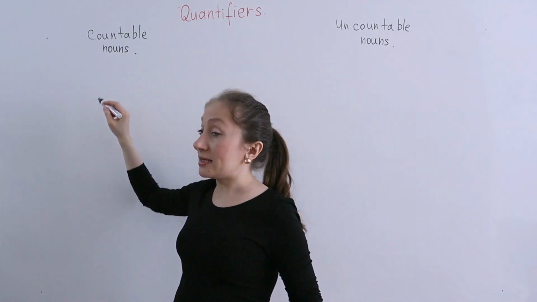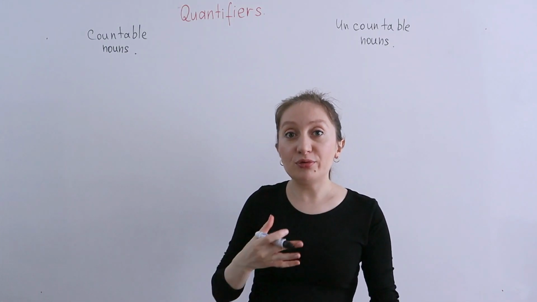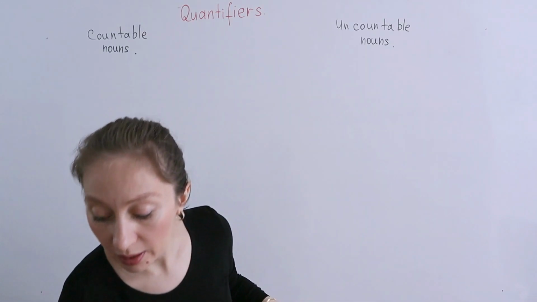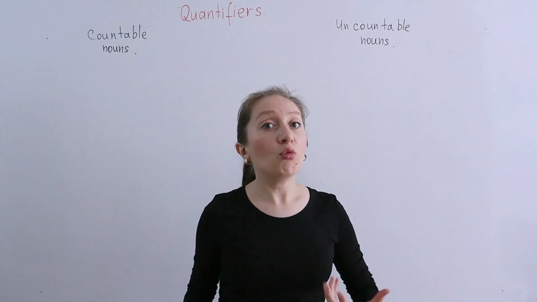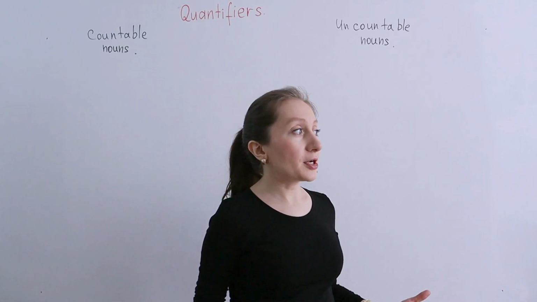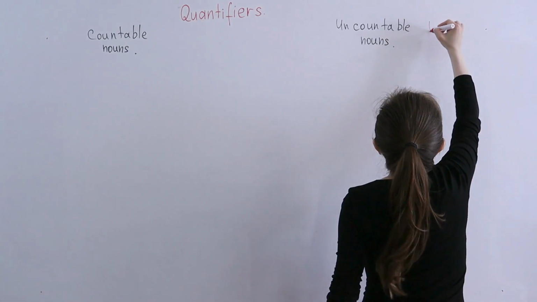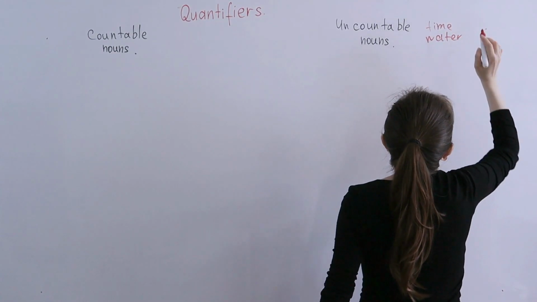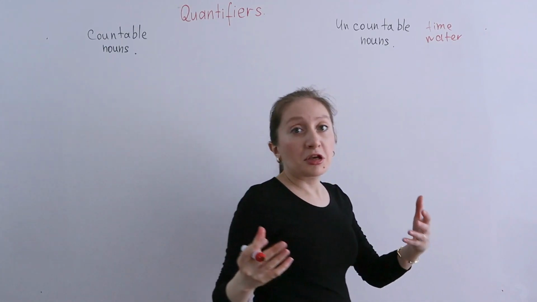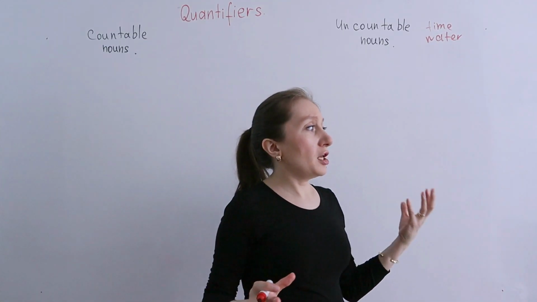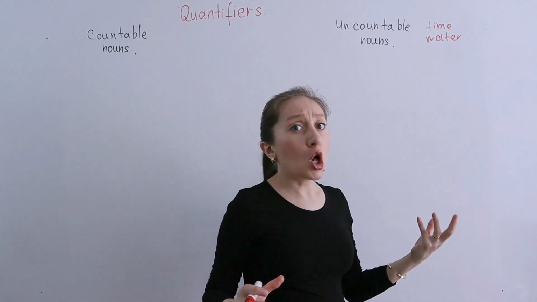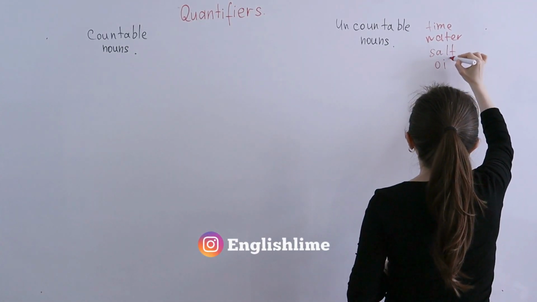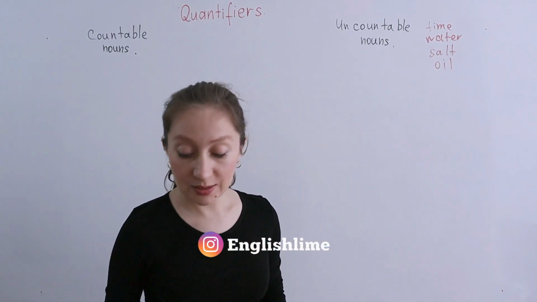So you add s at the end, or it can be regular countable noun. And uncountable, you cannot count them like 1, 2, 3, 4, right? For example, I don't know, time, water, right? Information, education, salt, oil, and so on. So you remember it from our previous lessons.